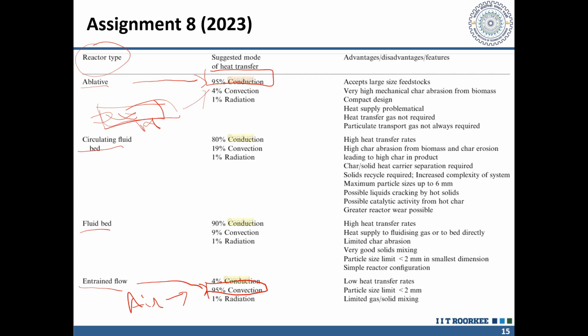Therefore, in ablative, conduction is the mode of heat transfer. So it all depends upon the type of reactor what the dominant mode is, whether it is conduction or convection. And radiation is not dominant, it is always very small, about 1%. So therefore the answer for this was conduction and convection both.